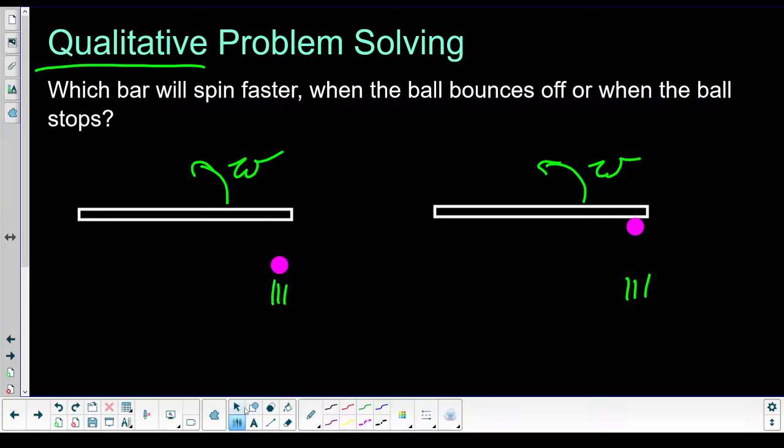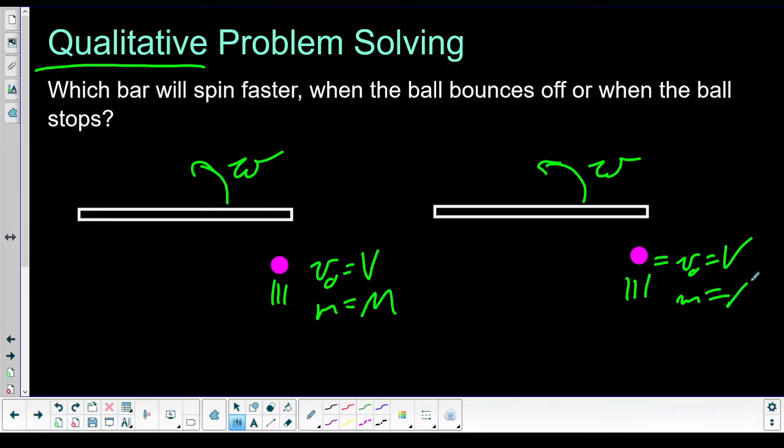So let's ask ourselves some questions about momentum. All right, they're both coming in with the same initial velocity, 3 speed lines of velocity. So initial velocity is a number v. Okay, they're identical balls, so the mass is the same. It equals m, and the mass over here equals m as well.